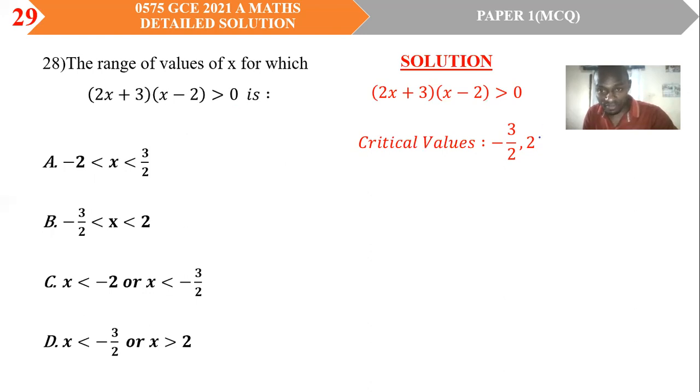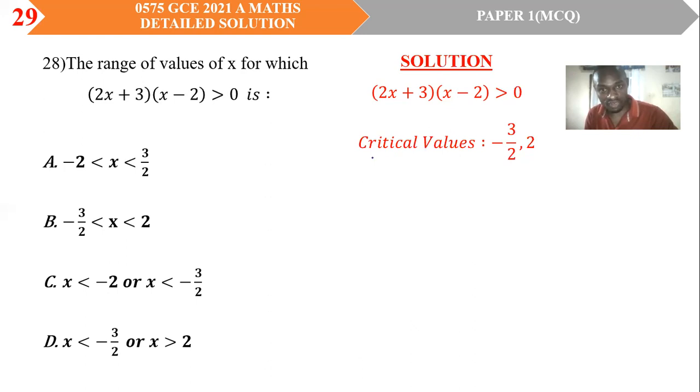Now, how do we get these critical values? Once a quadratic expression has been factorized into a product of linear factors, if that quadratic expression was given as an inequality, then to get the range of values of x for that inequality, what we do is apply the principle of factorization to get the roots.